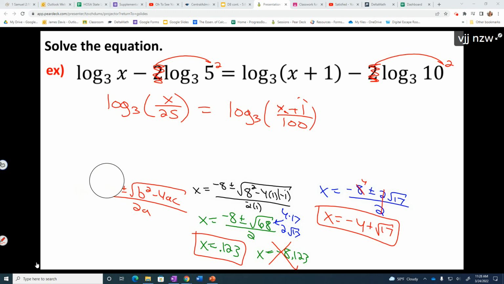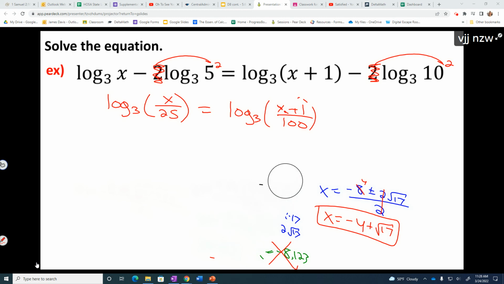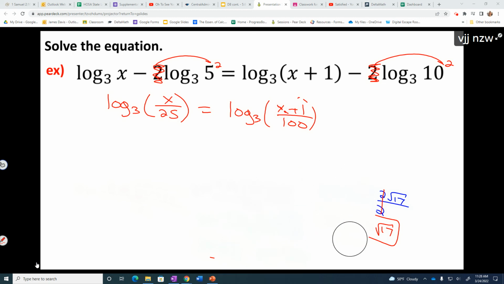Okay, so now we got two log terms, and we can set the insides equal. So we'll set x over 25 equals x plus 1 over 100. Now what from here?